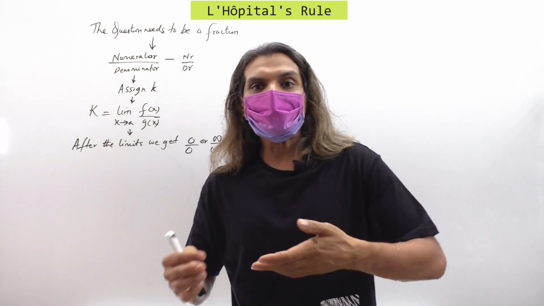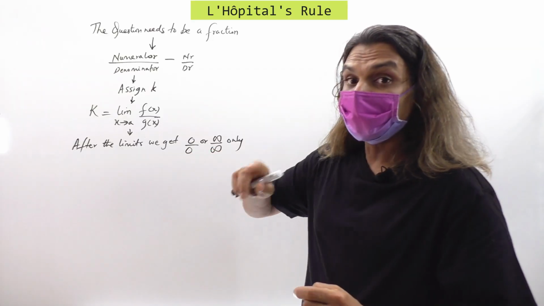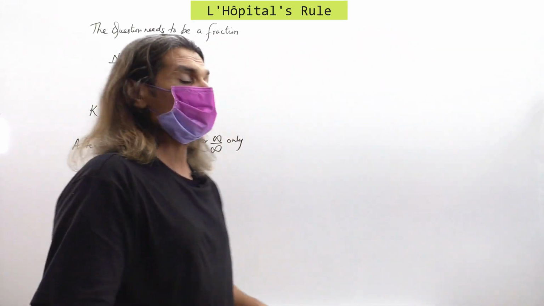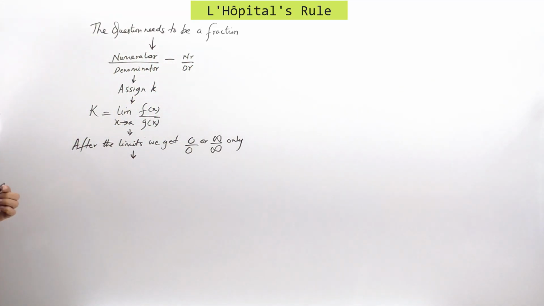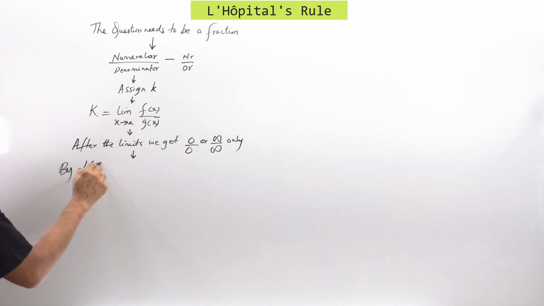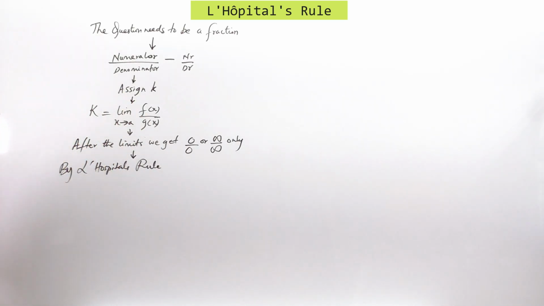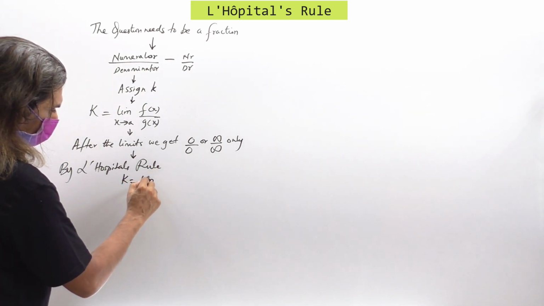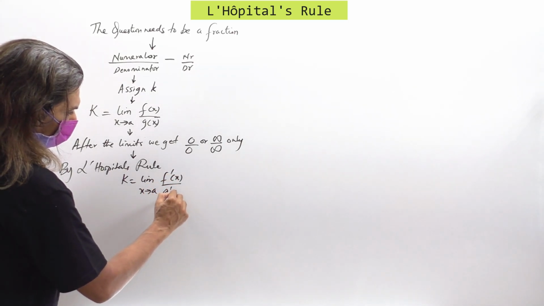It's not merely about simply differentiating the numerator or denominator. The condition is what? You should get 0 by 0 or infinity by infinity, then only you can apply L'Hopital's rule. Then the L'Hopital's rule says, if you are getting the limit as 0 by 0 or infinity by infinity, then by L'Hopital's rule, k is equal to limit as x tends to a of f dash of x upon g dash of x.